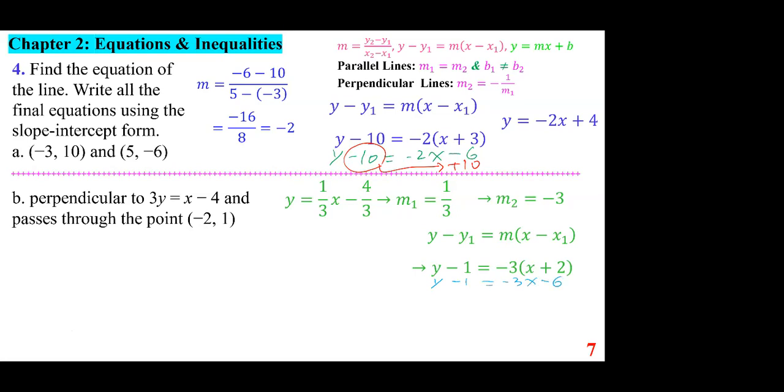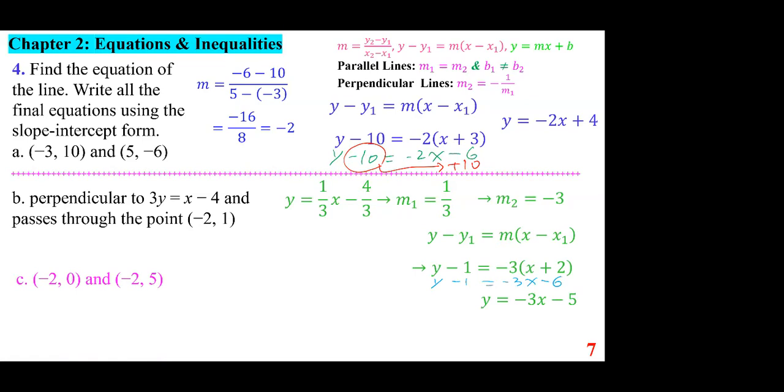We are going to add 1 to both sides, and it gives us y equals -3x minus 5. It's that simple, everybody. So we are using the information for linear equations to come up with the answer here.